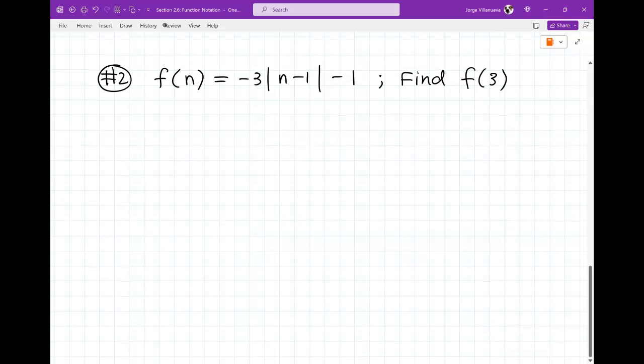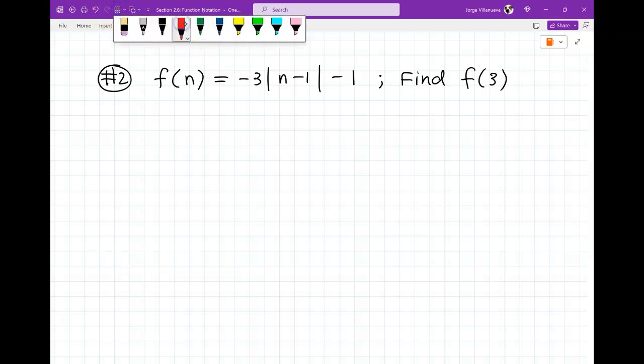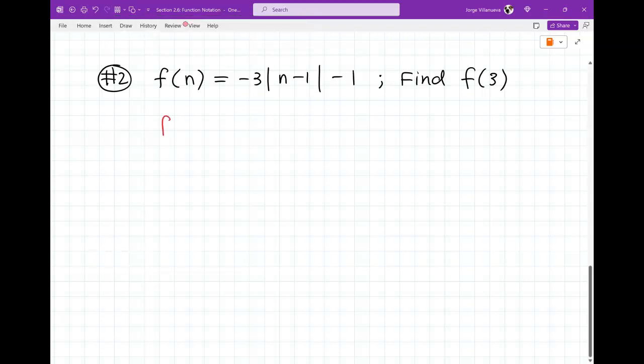In other words, this time we're plugging in the value of 3. So I'm going to plug in a 3 for every n value, okay? So f of 3 is equal to negative 3 absolute value of 3 minus 1, minus 1.